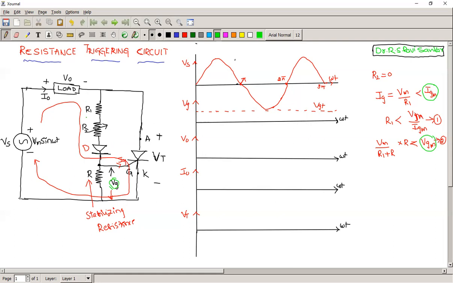Now there is a current passing in this branch. In this manner, the current is passing. When this current is passing, suppose we maintain R2 at a very high value, then the current passing in this branch is low. The voltage drop across this resistance is lesser, because here the voltage is sinusoidal, so this current is also sinusoidal, and the voltage across this resistance is also sinusoidal.